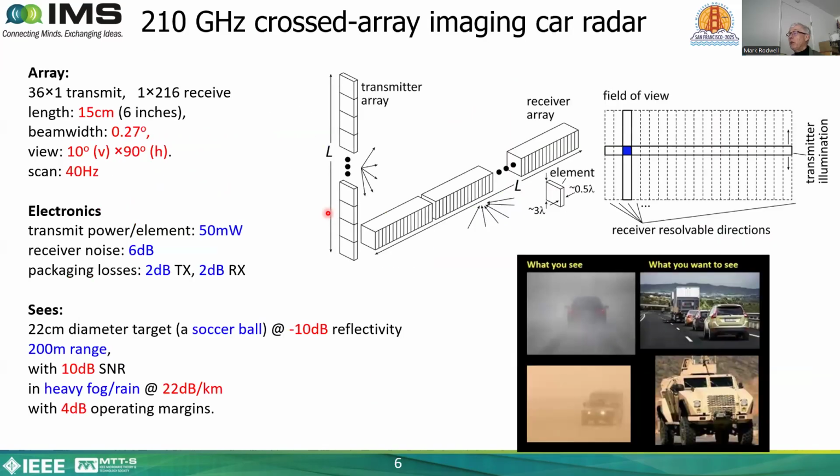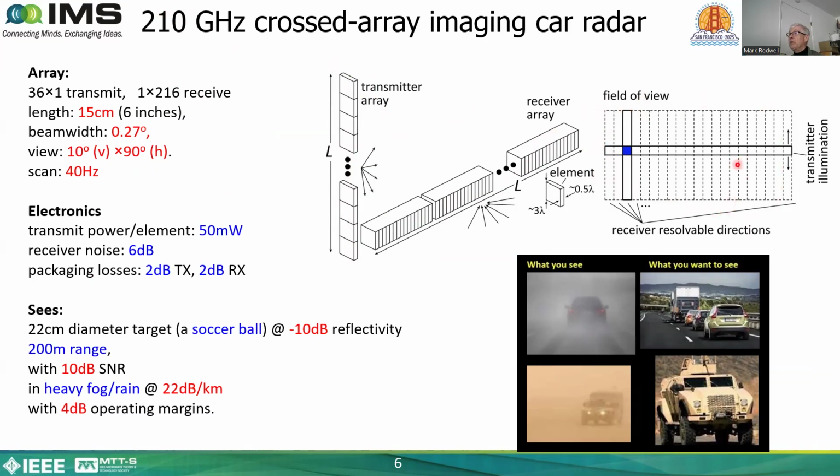A third concept system might be to help us drive in extremely unfavorable weather conditions using an automotive radar system at 210 gigahertz. There's a so-called Mills phased array system or crossed array system, which uses 2 linear arrays, 1 by n and n by 1 arrays, and that produces an image with n squared pixels.